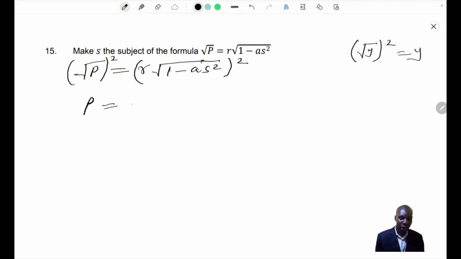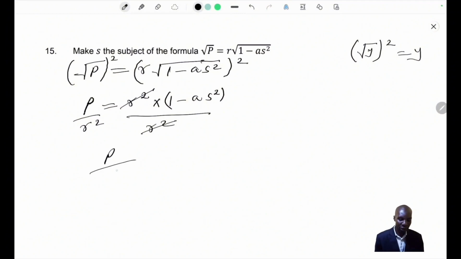Then on the right hand side we are going to have R squared times 1 minus AS squared, like that. Then from here we can divide both sides by R squared. So that one cancels out. So we have got P over R squared equals 1 minus AS squared. From here we can bring minus AS squared to the left.